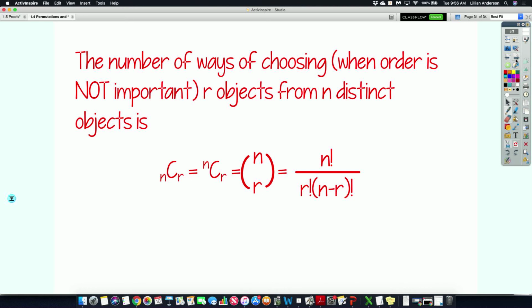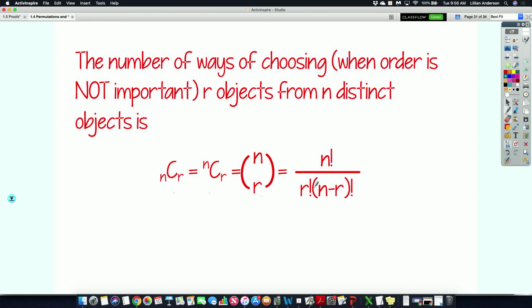The number of ways of choosing r objects from n distinct objects when order is not important is combinations. Now, there's an additional way of writing combinations, with this parenthesis notation. But no matter what, these first 3 ways are just ways to represent combination.